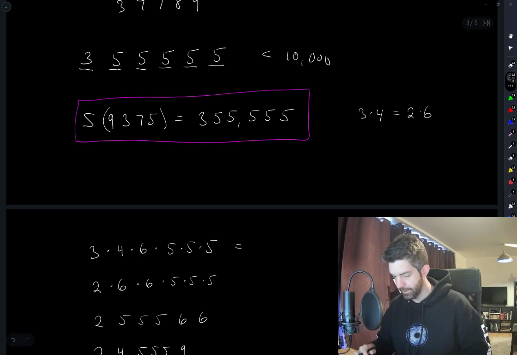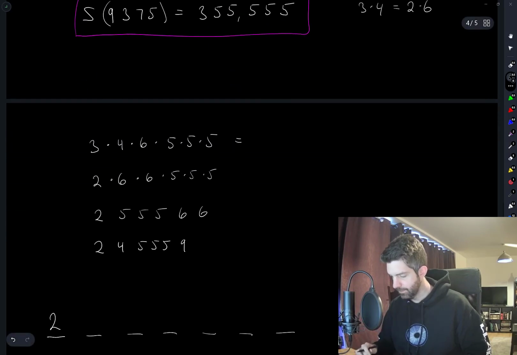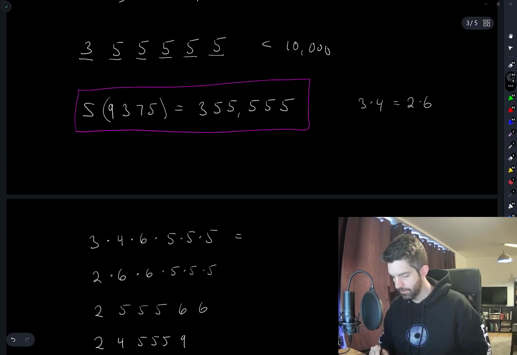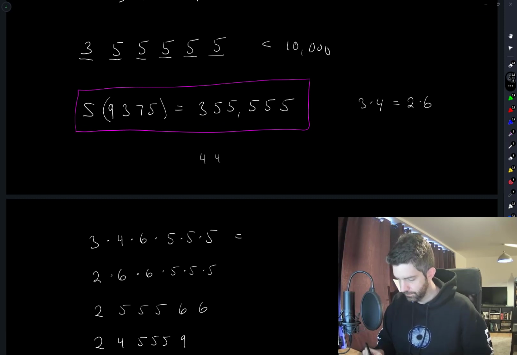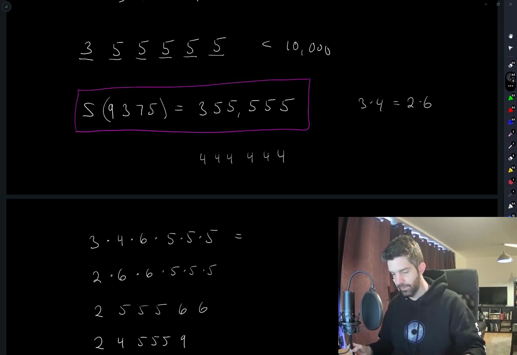Wait a minute. I know. If I fill it all in with 4s, this product is less than 10,000, right? Yeah, it's only 4,000 or so.